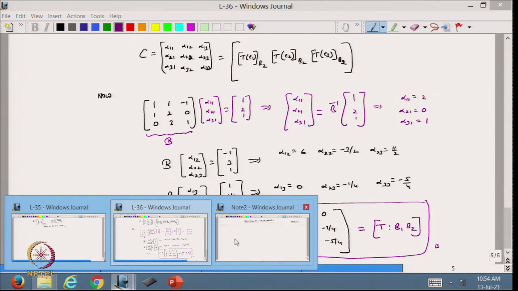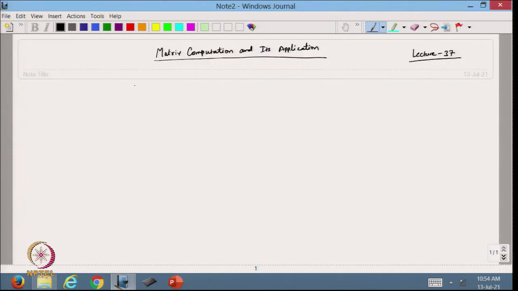So basically what we are doing here: suppose this is my vector space U and this is my vector space V. For a given x, I am taking the linear transformation T, and this vector in V is my Tx.